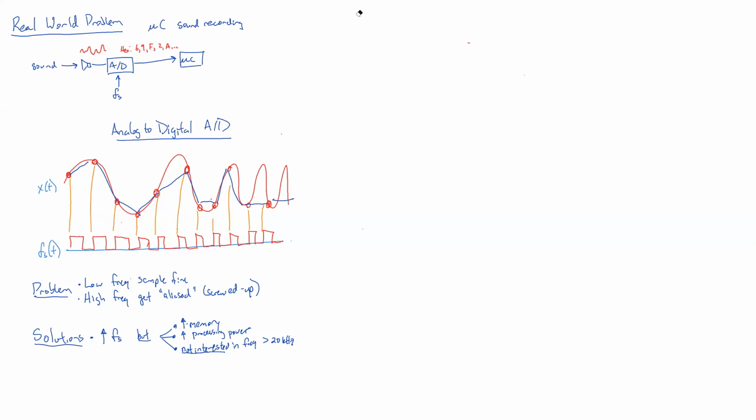And the better solution is to remove the high frequencies that you don't care about. So in other words, we've got this sound, which is our x(t), and now it goes into our filter.